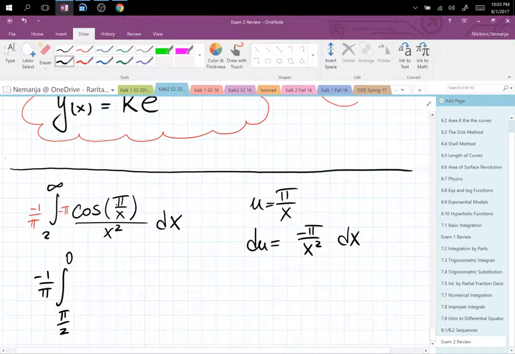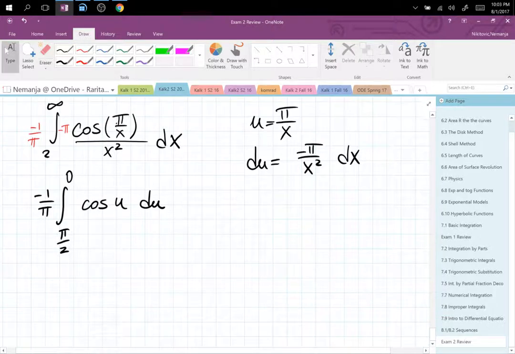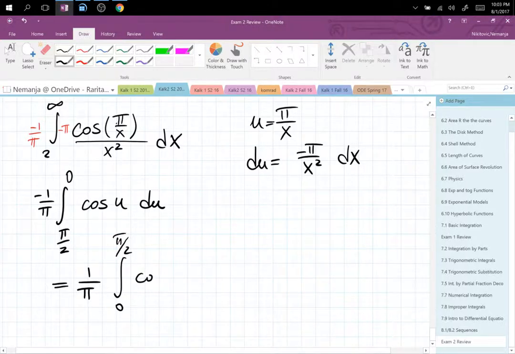Now negative pi over x squared dx is du, so I have cosine of u du. I flip the integral to get positive 1 over pi, 0 to pi over 2 for cosine u du.